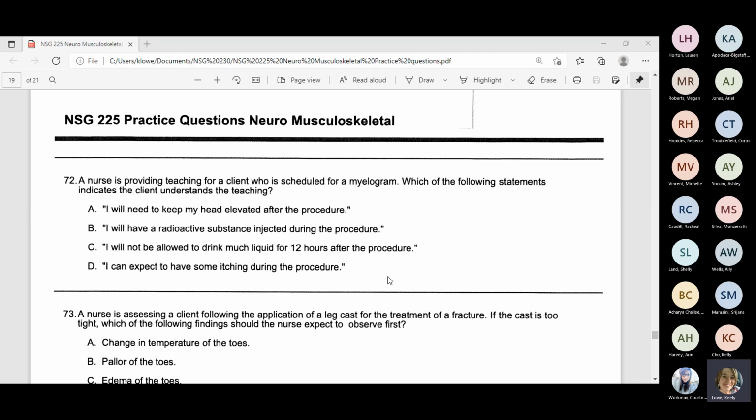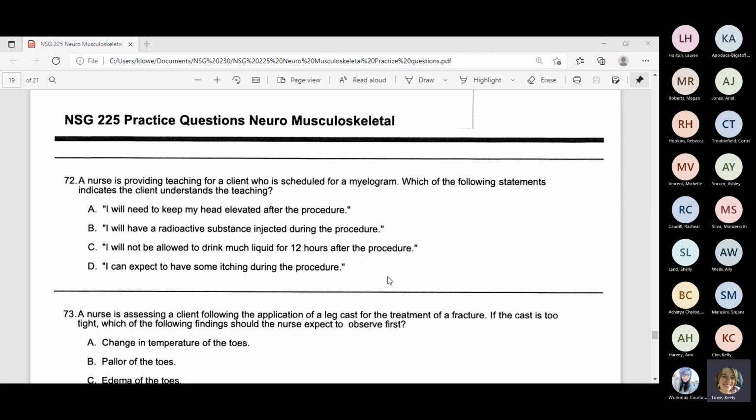You have to have a contrast material to do that because you can't see it just on a flat x-ray or on things like that. So they would have a contrast material, and we would keep them in a semi-Fowler position with the head elevated to prevent the contrast medium from reaching the brain.